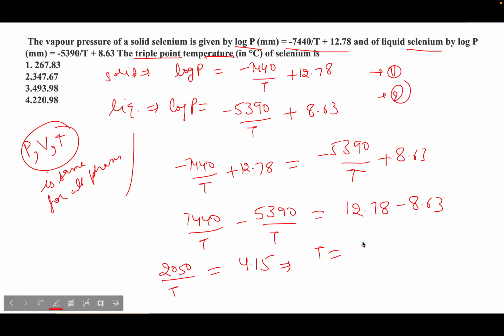So temperature T is 2050 divided by 4.15. This gives 493.98 Kelvin. Option 3 is correct. We can calculate P also by putting this temperature value in any of these equations, since P, V, T will have only one value at this triple point.